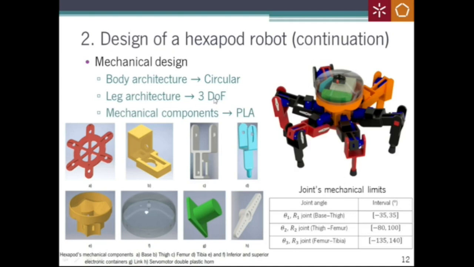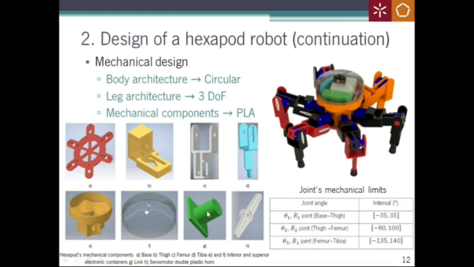This criteria led to the design of 7 parts: base, thigh, which has 2 motors, femur with 1 motor, tibia, electronic containers, and connection. The different parts have holes for the cables to pass through. The white fitting of the servo motor is glued on one side of the joint and the connection part on the other to provide more stability.